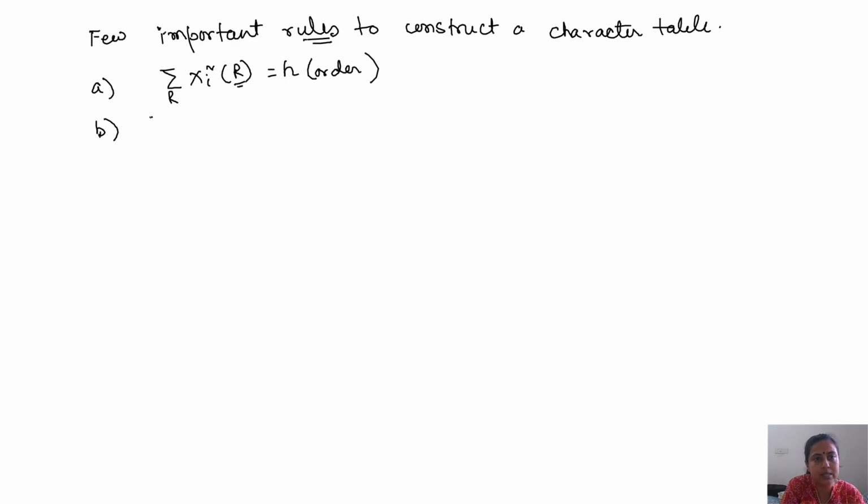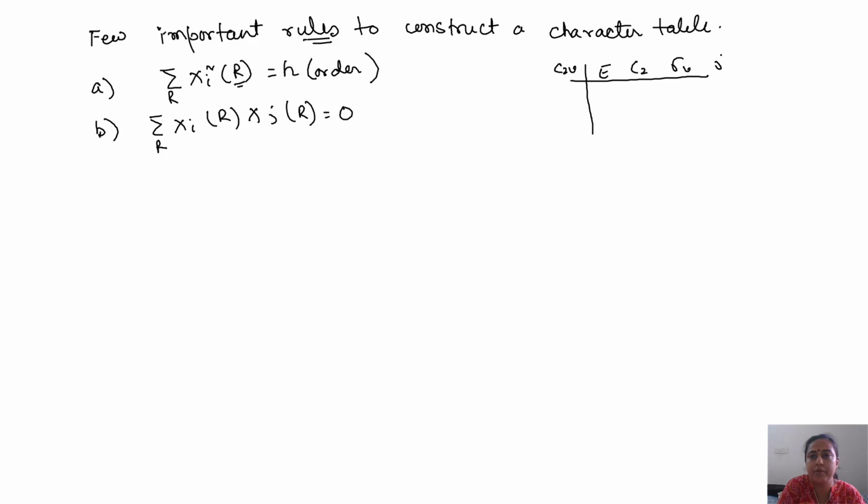The next one is orthogonality. To understand this, let us very quickly write the C2v character table. E, C2, sigma v, sigma v prime: A1 is 1 1 1 1, A2 is 1 1 minus 1 minus 1, B1 is 1 minus 1 1 minus 1, B2 is 1 minus 1 minus 1 1.